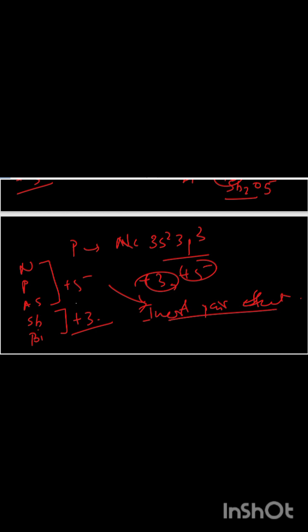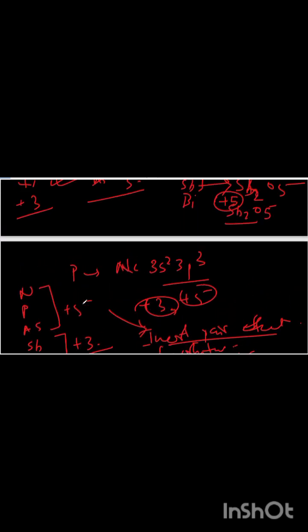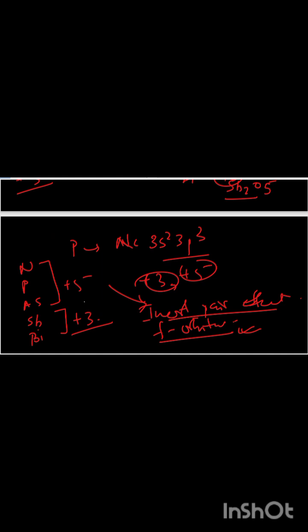Why does it happen? Because as we go down the group, the addition of f orbitals comes. If you write the electronic configuration, you will see that there are f orbitals in between. Since f orbitals are poor shielders, d orbitals are also poor shielders, the size doesn't increase as compared to the number of protons which get added in the nucleus. Therefore the size doesn't increase much, therefore the tendency to lose electrons also decreases.